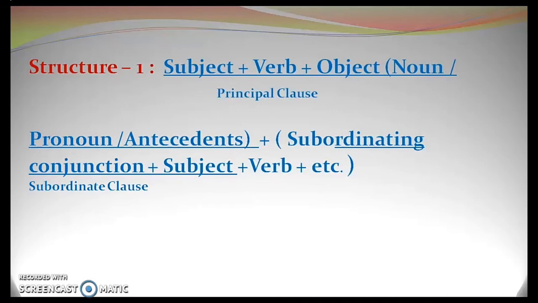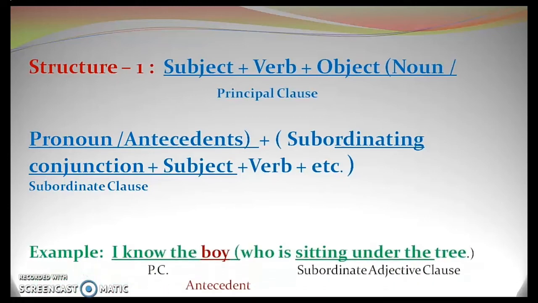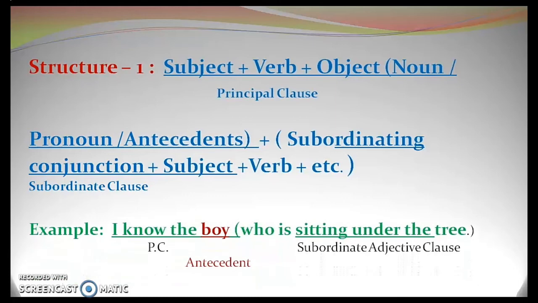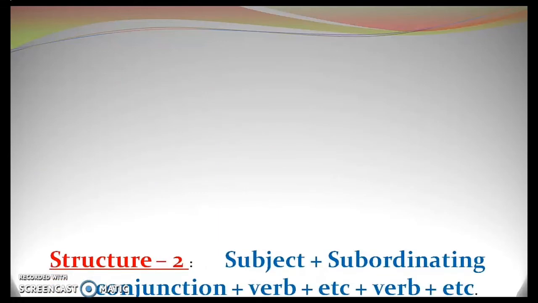Plus subordinating conjunction plus subject plus verb plus etc. So: subject plus verb plus object plus subordinating conjunction plus subject plus verb plus etc. Example: I know the boy who is sitting under the tree. I know the boy, principal clause; who is sitting under the tree is a subordinate adjective clause.